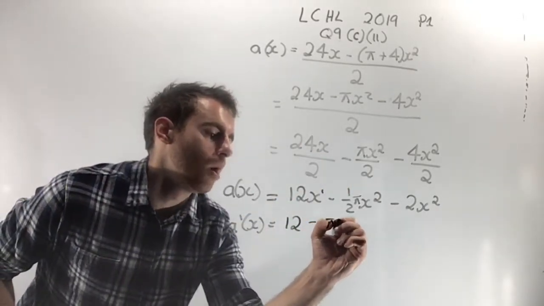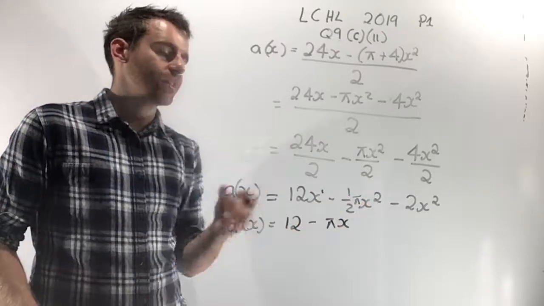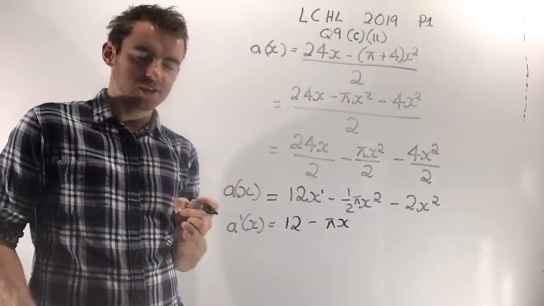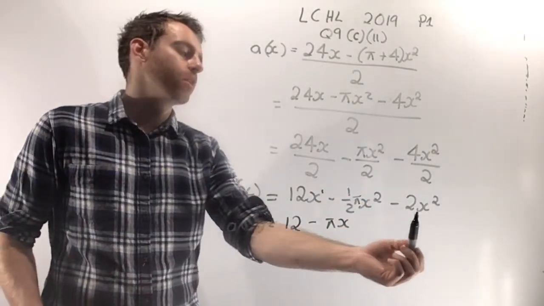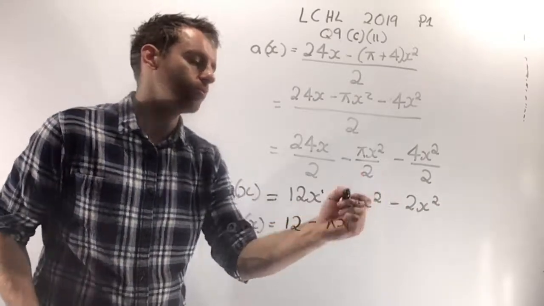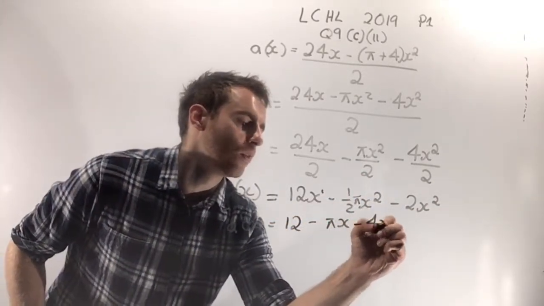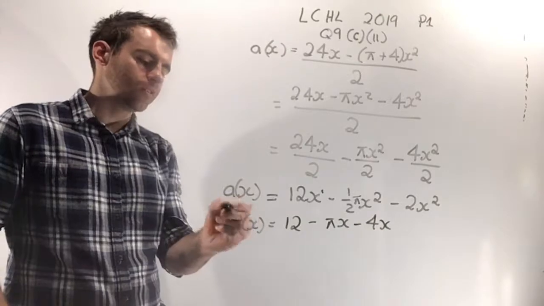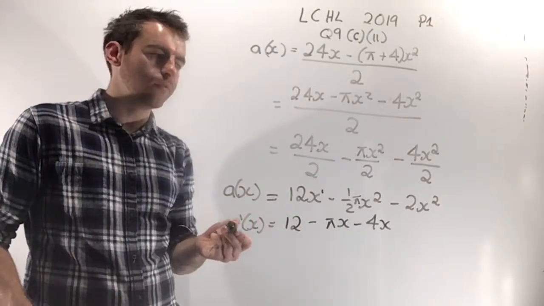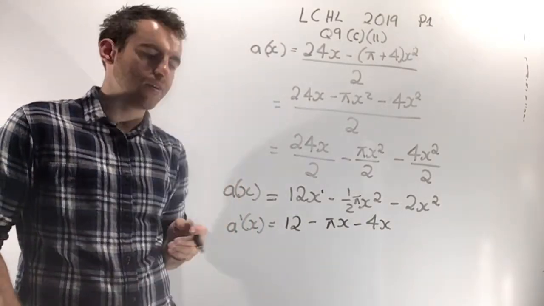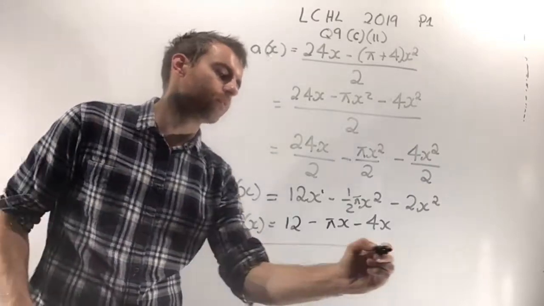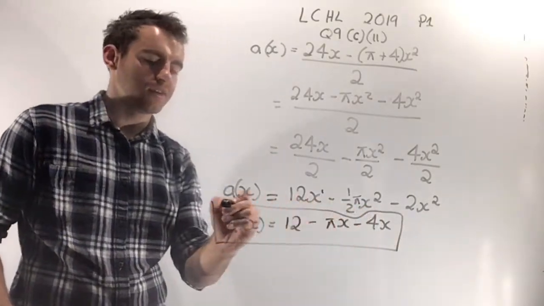So that just works out as pi x, and it becomes x to the power of 1, because your power decreases by 1. The derivative of minus 2x squared, the 2 comes in front, and just becomes minus 4x. So that's all. The differentiation step was actually quite straightforward if you simplify down as much as possible. So your derivative there just works out as this.